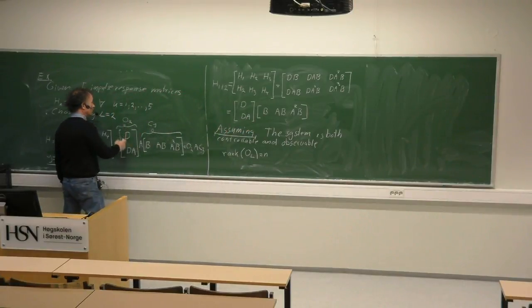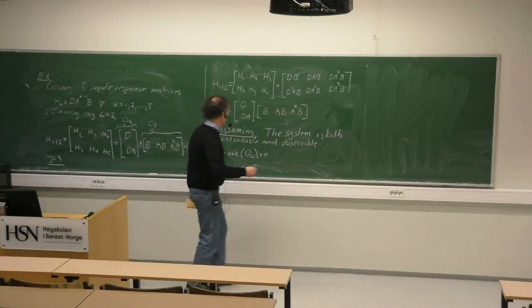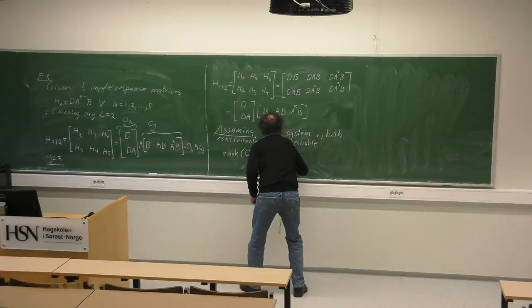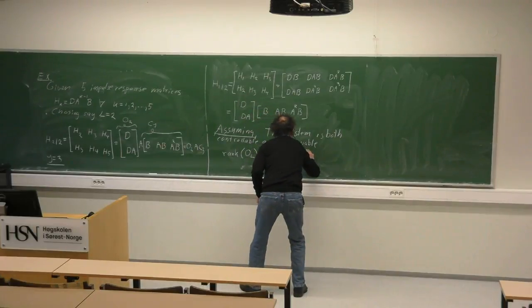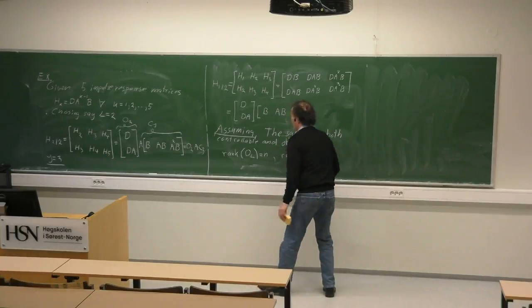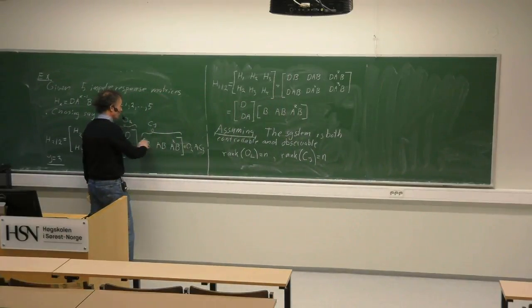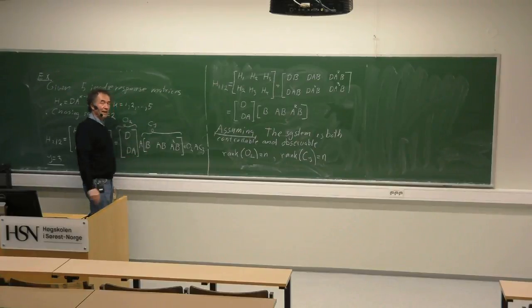And the number of columns in the observability matrix is equal to the system order n, or n columns. And those columns should be linearly independent for this to be true. And then the rank of the controllability matrix C_J is also equal to n. Looking at the controllability matrix, the number of rows is n, so there will be n linearly independent rows.